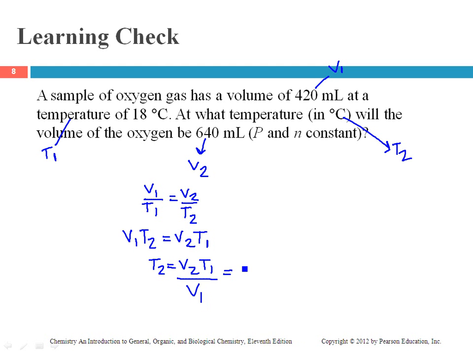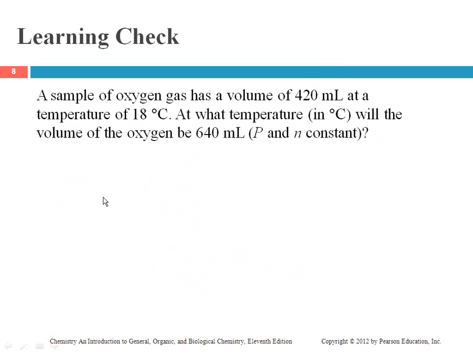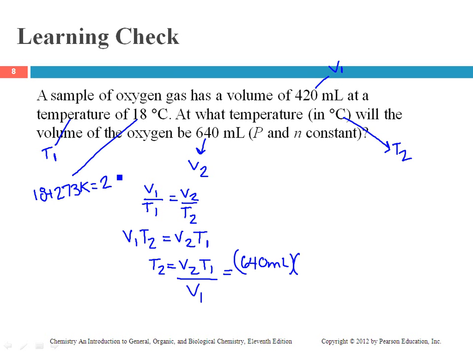So our V2 is 640, times our T1, which is 18 plus 273 K. 18 plus 273 gives us 291, so our T1 is 291 K, divided by our V1, which is 420.